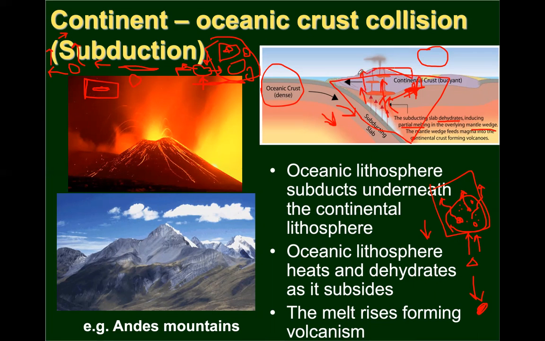That means the thickness of this continental plate will increase more and more. So we call it continental growth, happening at the subduction zone margin, right?